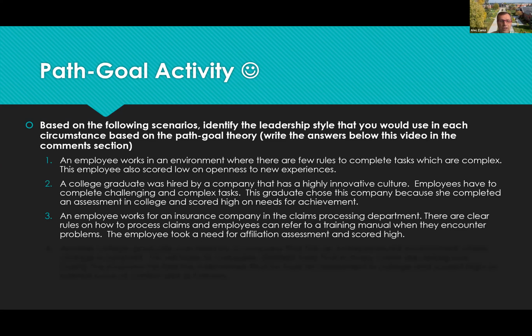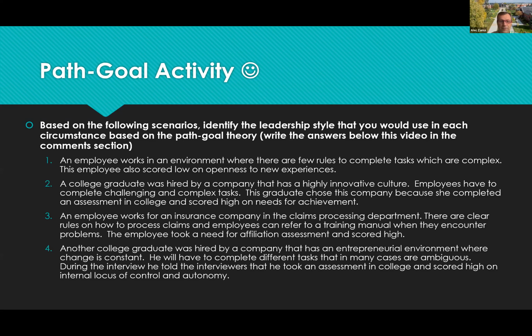And number 3, an employee works for an insurance company in the claims department. There are clear rules on how to process claims, and employees can refer to a training manual when they encounter a problem. The employee took a need for affiliation assessment and scored very high.